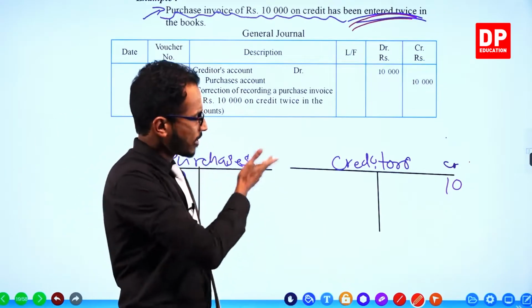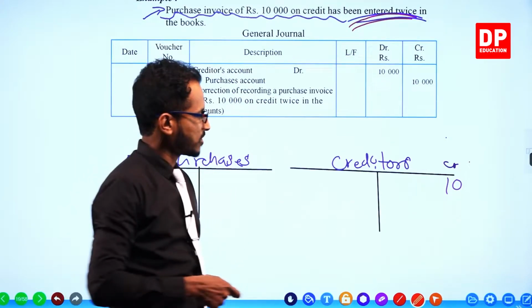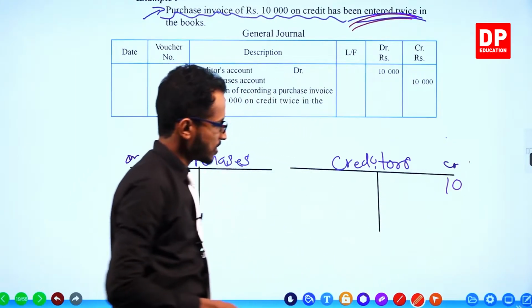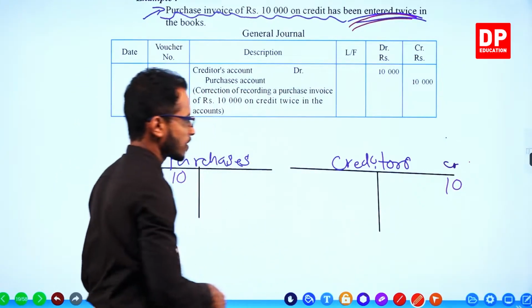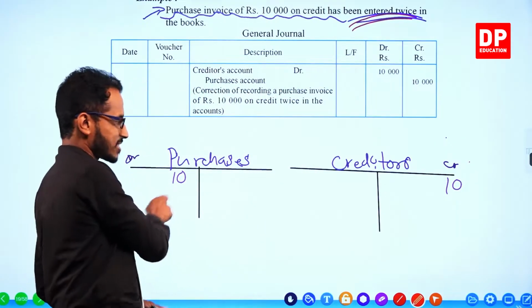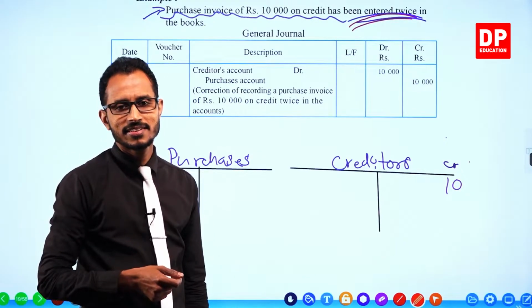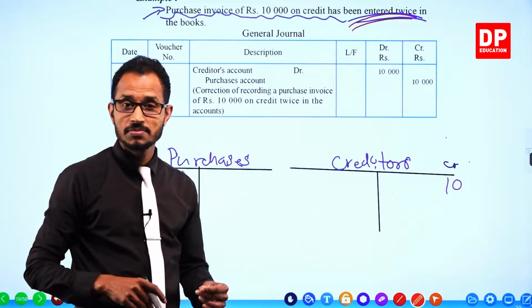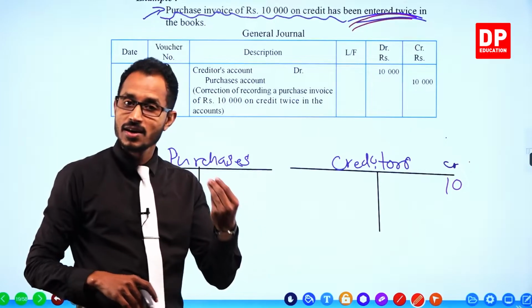Fine. Tipex. Correction fluid. Put some correction fluid and erase the 10 from the creditors account and from the purchase account. Done. Can't do it. It's not allowed.